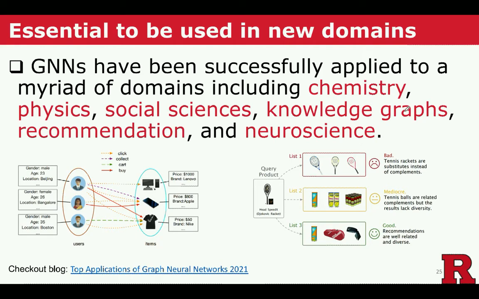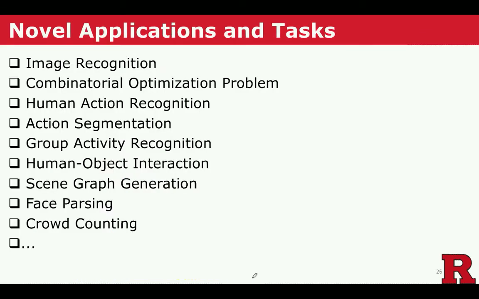GNNs have been applied to many domains, including chemistry, physics, social sciences, knowledge graphs, recommender systems, neurosciences, and so on. You can also check out this blog, Top Applications of Graph Neural Networks 2021. Here I listed several novel applications that I found very interesting and inspiring. I'm going to briefly introduce them.